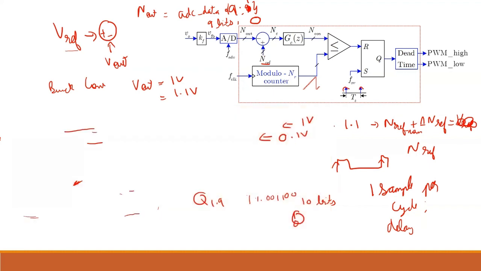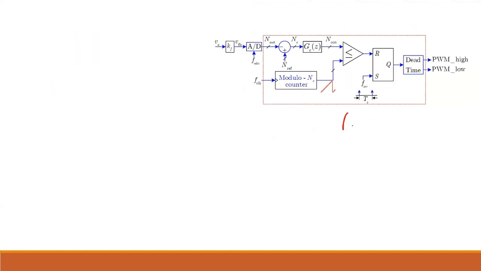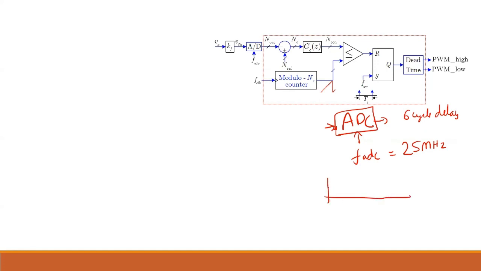If you remember, I have told you about my ADC. This is my FADC, which is coming at a rate of around 25 megahertz. The ADC is on throughout the time, and it is continuously taking samples and generating outputs. There is a 6-cycle delay, all that we had told earlier. Now, let us say this is my time period of the output voltage, which is like this.